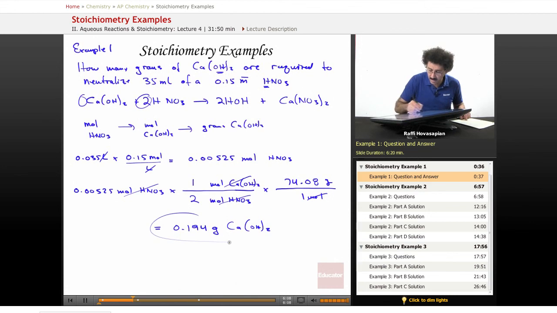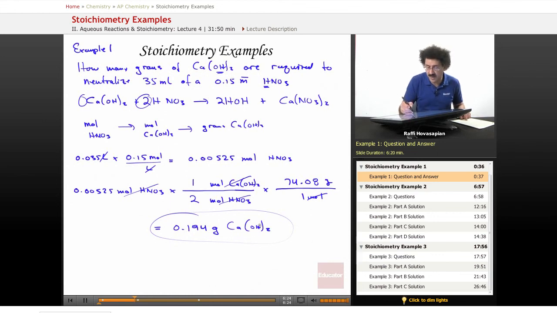So that's it. So if I have 35 milliliters of a 0.15 molar nitric acid solution, I need to drop in 0.194 grams of calcium hydroxide to completely neutralize the acid.